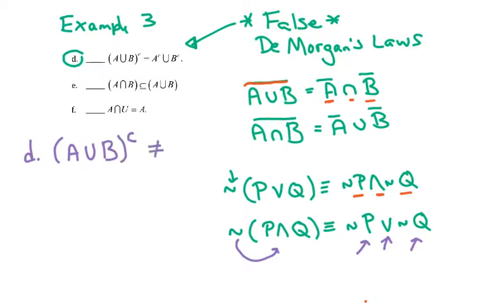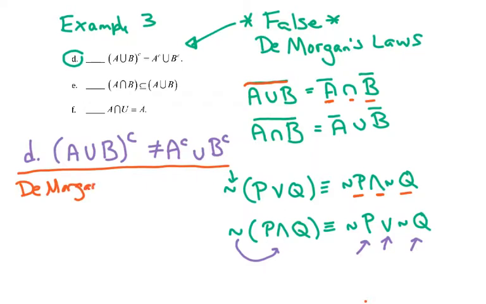This does not equal A complement union B complement. In other words, De Morgan's laws using this notation, what does it look like?